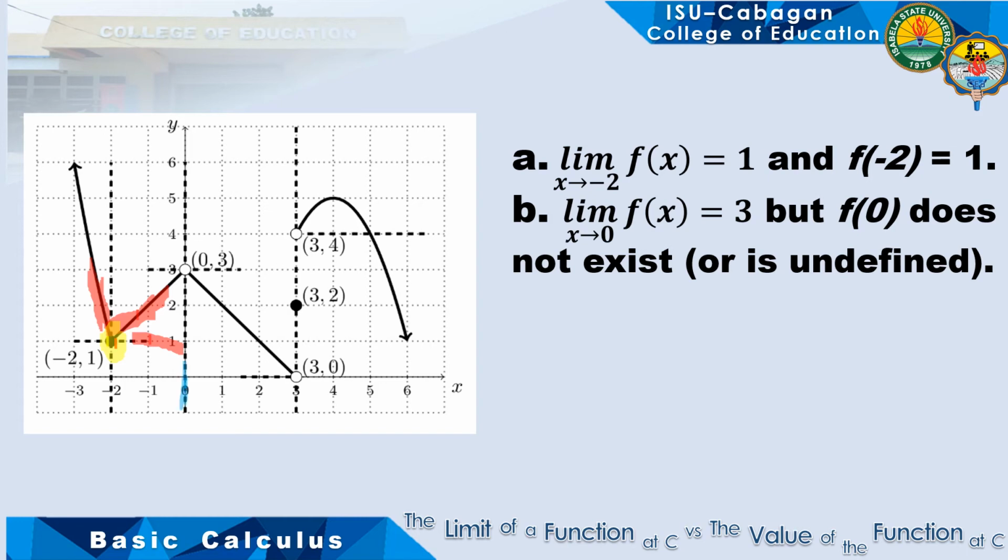So, from the graph, mapapansin natin from the left side, ina-approach ni f of x si 0 from the left side, at habang ina-approach ni f of x si 0 from the right side, ang value ni function ay 3. So, ang value ni f of x ay 3 or ang value ni y ay 3. So, therefore, yung limit ni f of x as x approaches 0 ay 3.